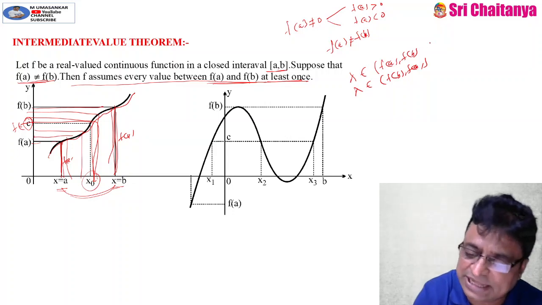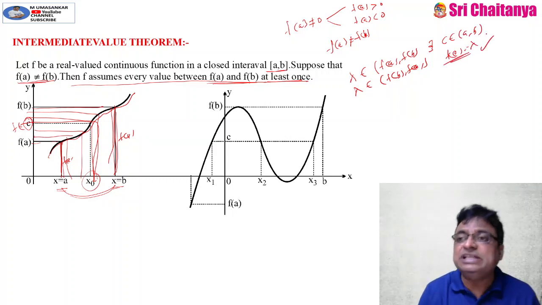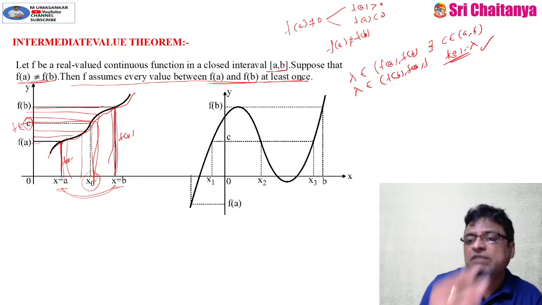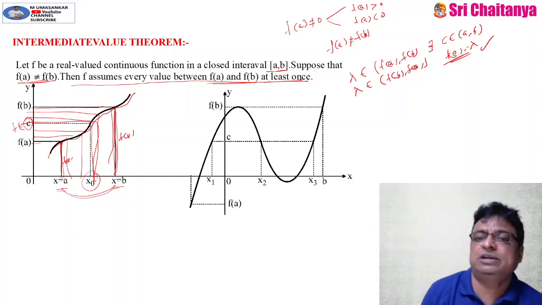For both cases, there exists at least a point c belongs to the open interval (a, b) such that f of c equals lambda. This is the beauty of the intermediate value theorem, because it takes all the values in between f of a and f of b. That is why we call it the intermediate value theorem.